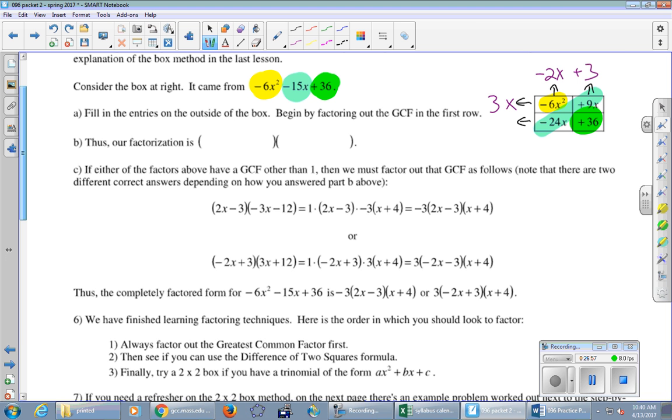Negative 2x times the blank. What is it? Positive 12 is good. Let's check our work. Do we get 36? Yes, we do. Okay, so everything is groovy. Let's fill in the parentheses with the stuff that's on the outside. So we go 3x plus 12, and then negative 2x plus 3. Yeah?